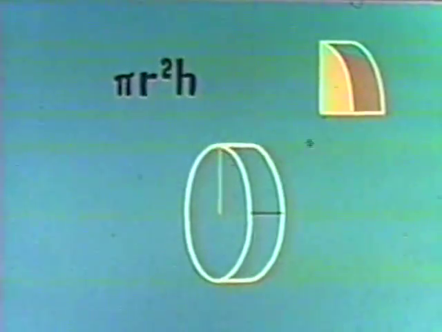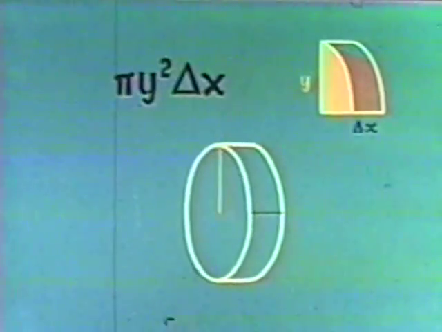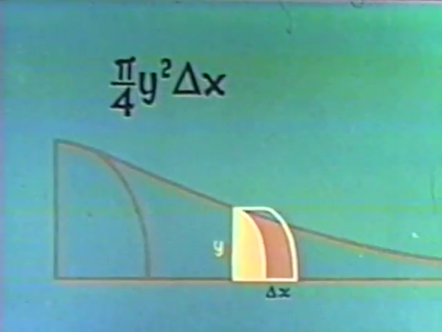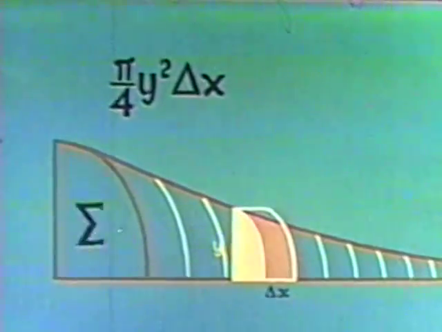The radius is y, the height's delta x, and we only want a quarter of it. So we get pi over 4, y squared, delta x. To approximate the whole volume, we do the same thing for each apartment, and we add them all up.